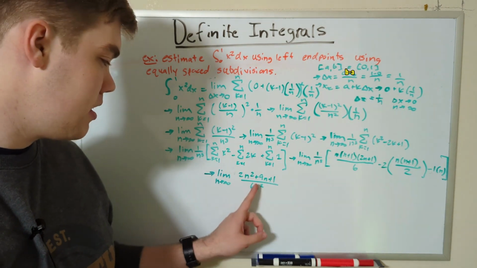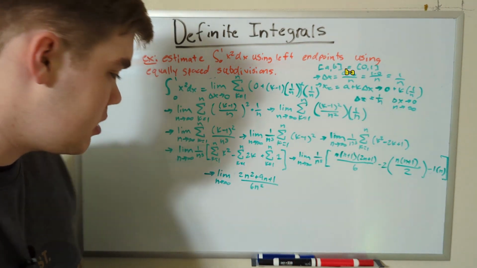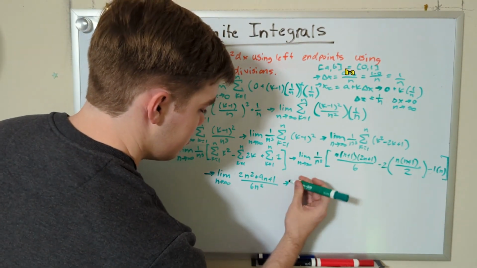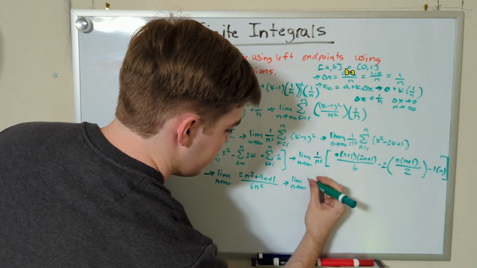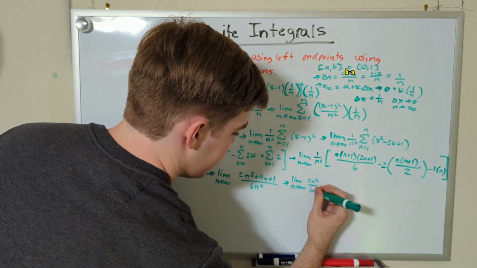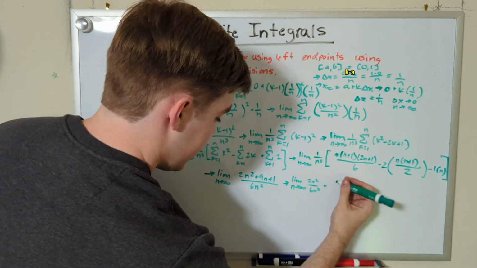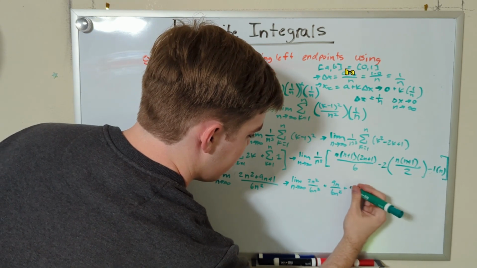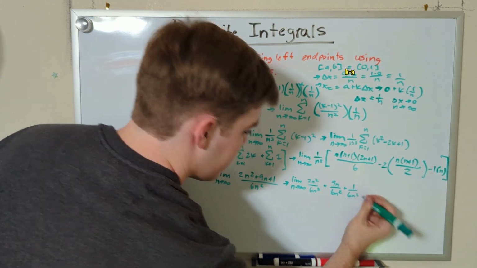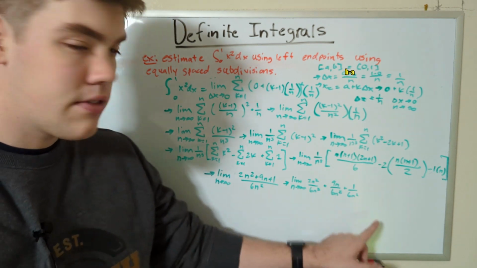This is what this is going to simplify into. Now, once again, we're going to split this by addition since we have 2 points that we can split it by. So we're going to split this into the limit as n approaches infinity of 2n squared over 6n squared plus 9n over 6n squared plus 1 over 6n squared. And now we just have to plug in infinity for all of these limits.